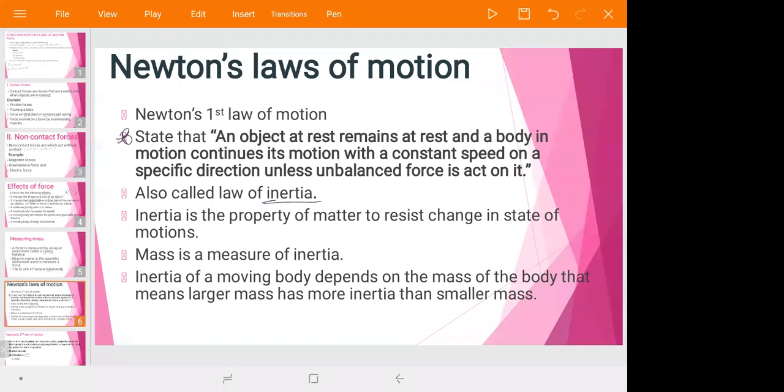Concerning this, mass is the measure of inertia.